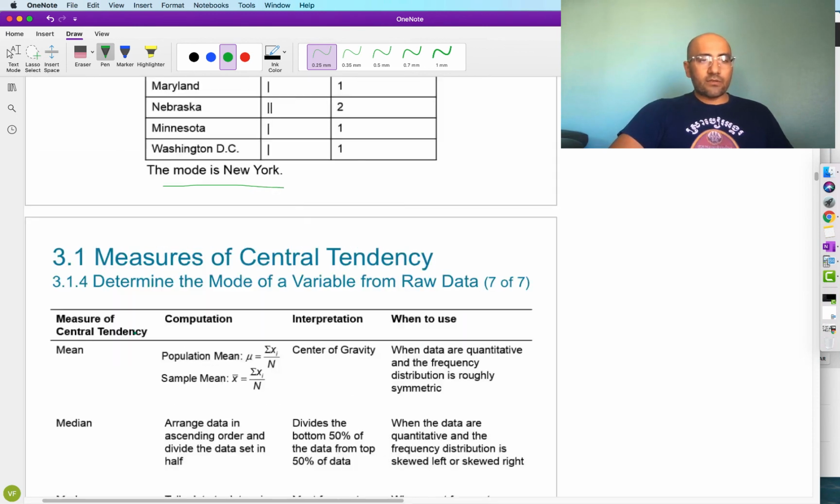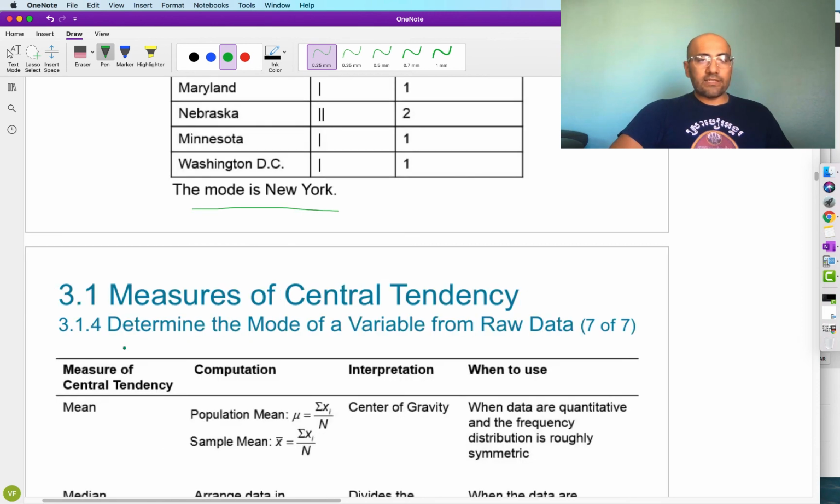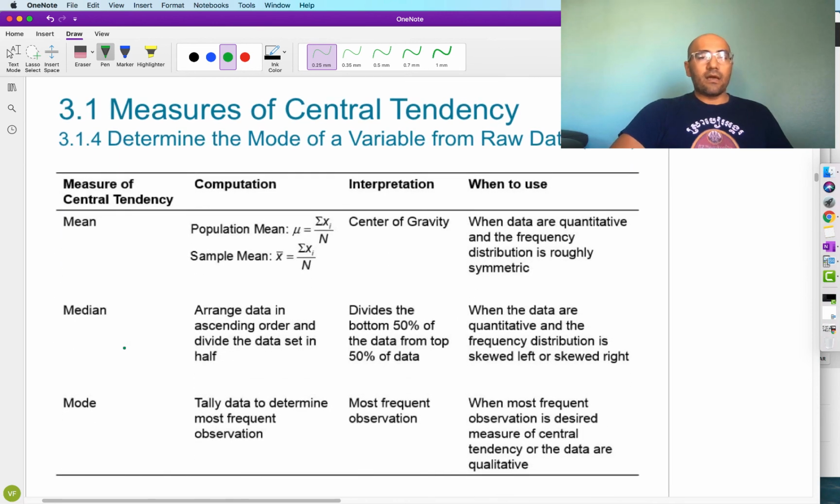All right, so here's a nice little summary of the 3 things we discussed that impact the center of the data. Right? What is the middle of the data? One way to do that is with the mean, which we most often think about as the average in everyday life. But then there's the median, the middle, right?